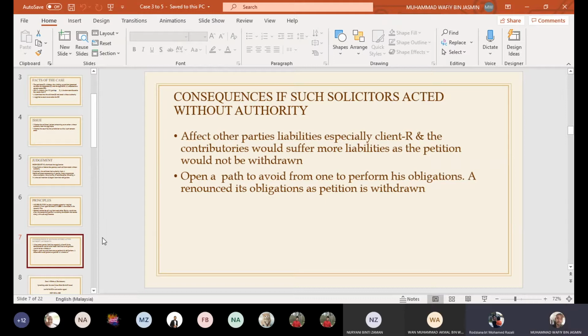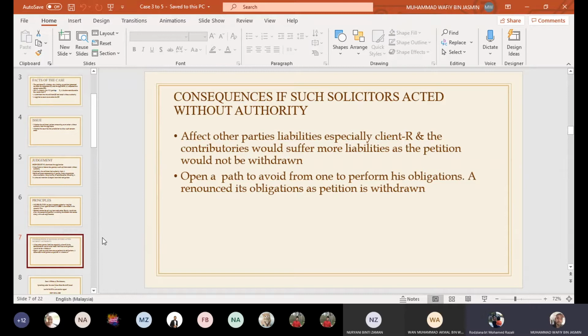Okay, the consequence that we can derive in terms of relationship, I think, is that it will affect the relationship badly, as the lawyer's reputation would be jeopardized, as he had not been given authority to act upon the clients, which were the respondent, the petitioner, and the applicants themselves.